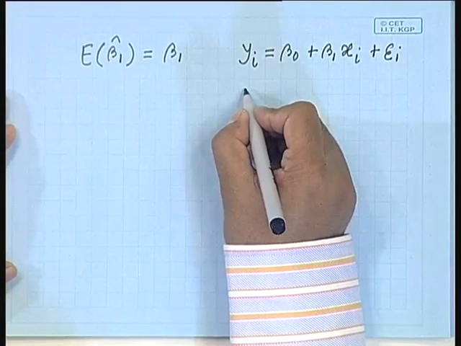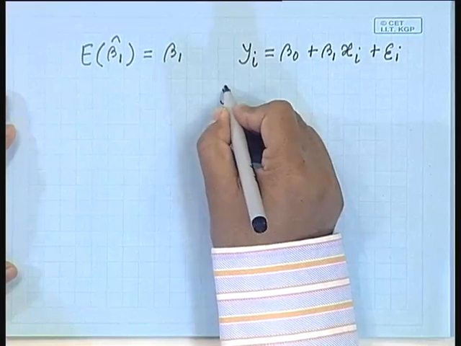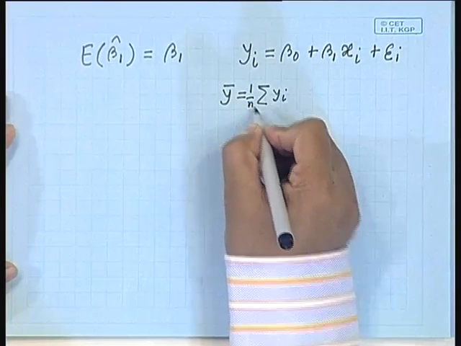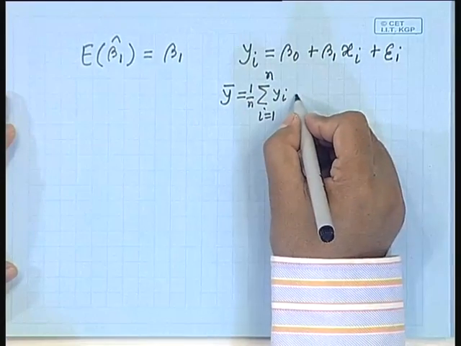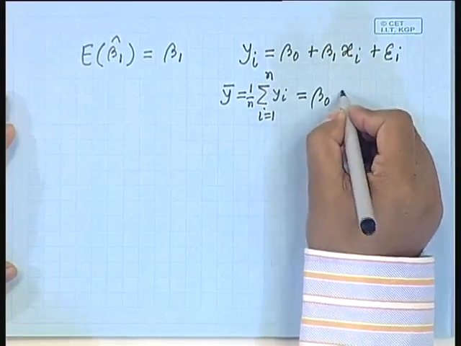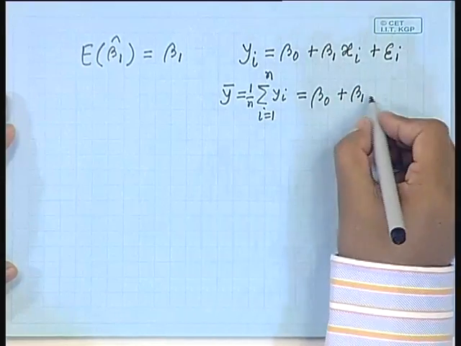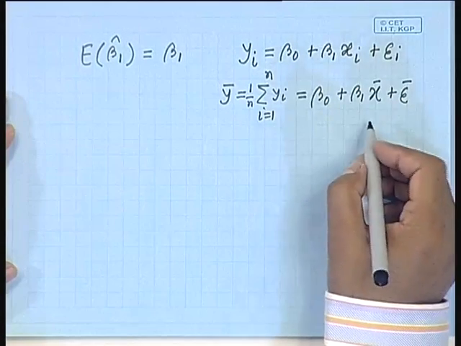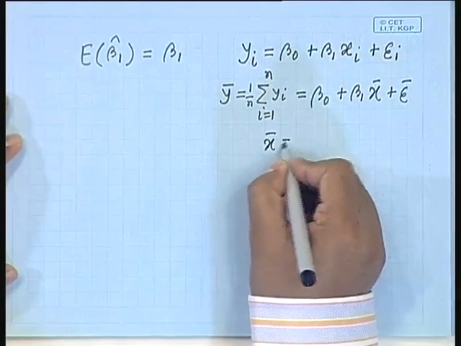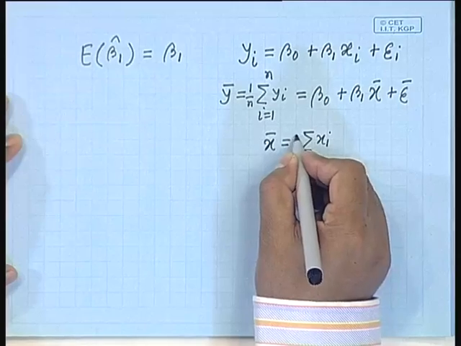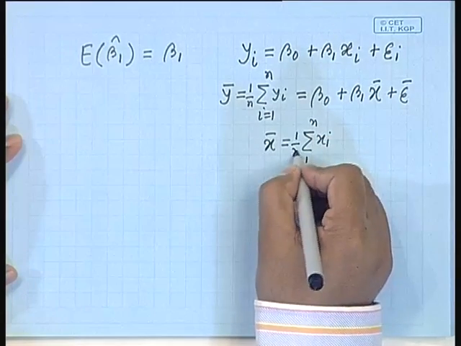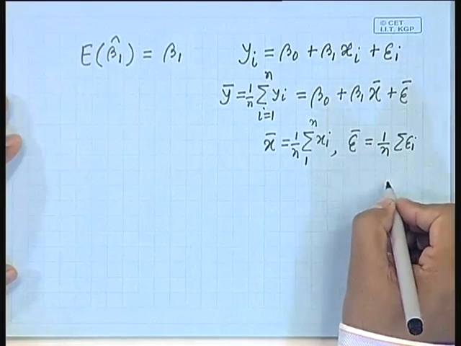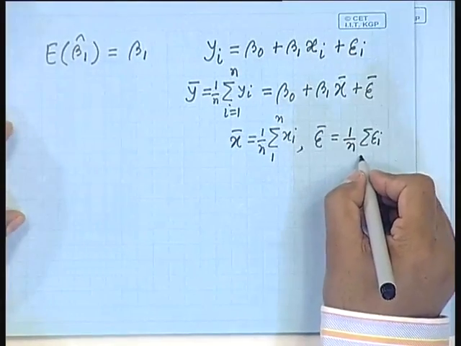Now, y bar, which is equal to summation yi, I equal to 1 to n, is equal to beta naught plus beta 1 x bar plus epsilon bar, where x bar is of course equal to summation xi, 1 to n, and epsilon bar is also equal to summation epsilon I, 1 to n.